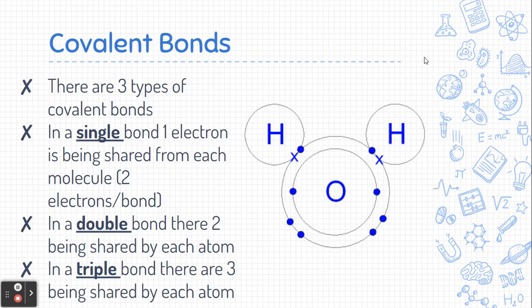So what does it do? It grabs a hydrogen, grabs another hydrogen. Now, this hydrogen has how many electrons in it? 1. So what does it do? It gets close enough from this side, and it gets close enough from this side. Now let's think. How many did oxygen have on the last shell? 6.